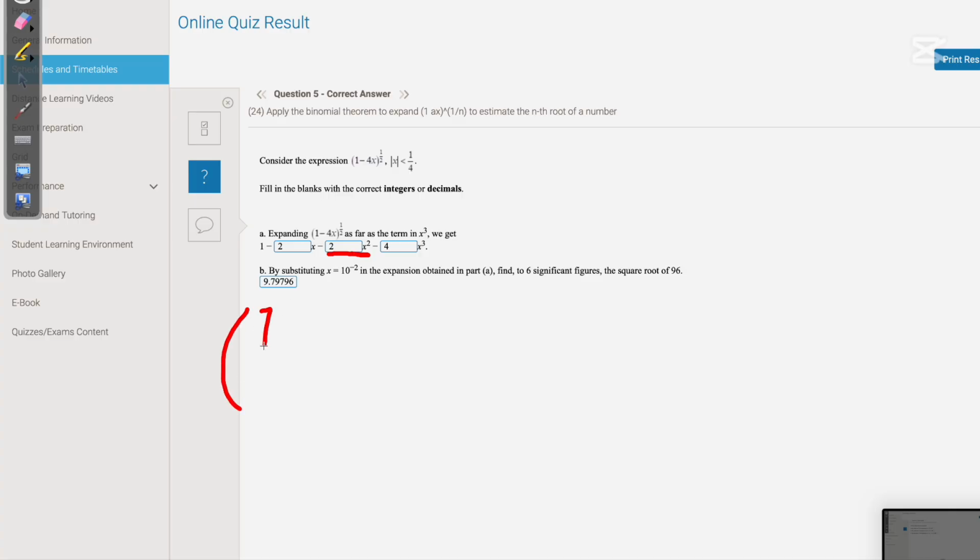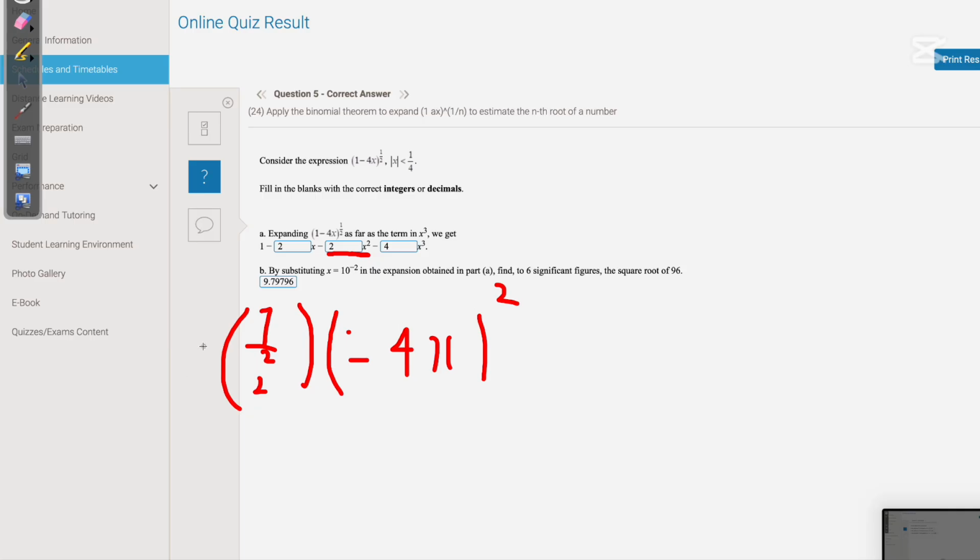So 1 over 2 C2, okay, 1 to the, the 1 doesn't matter, we're just gonna do it times negative 4x the whole thing squared.